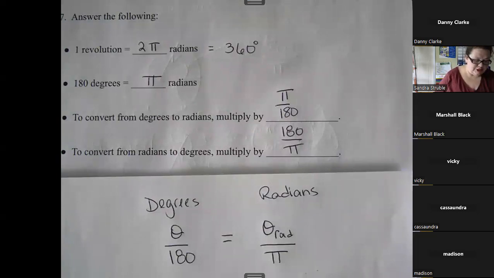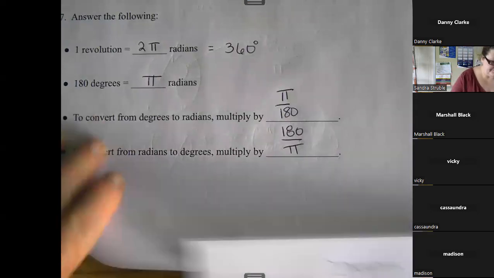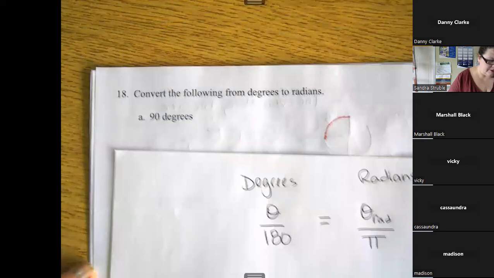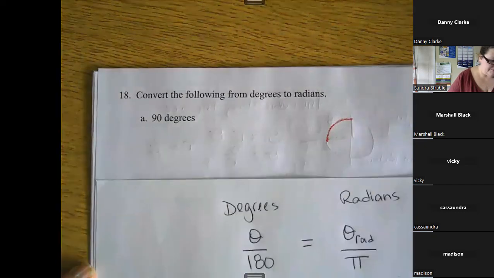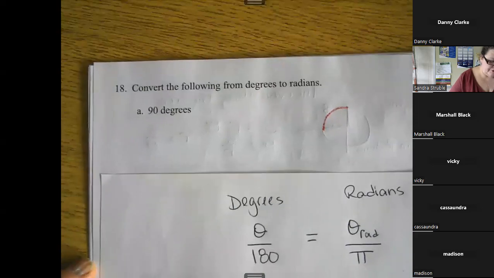All right, let's actually do one of these. We're going to convert 90 degrees to radians. I just told you to convert from degrees to radians, we multiply by pi over 180.